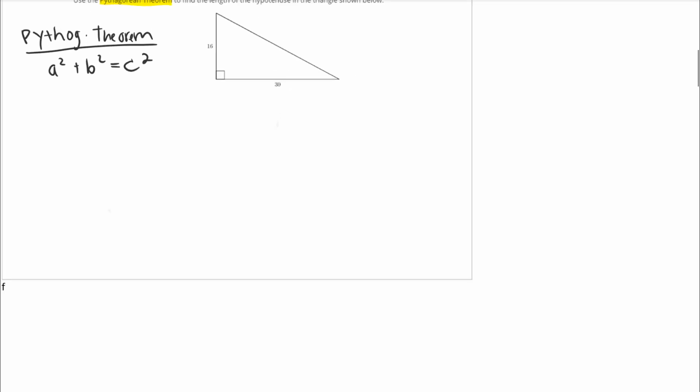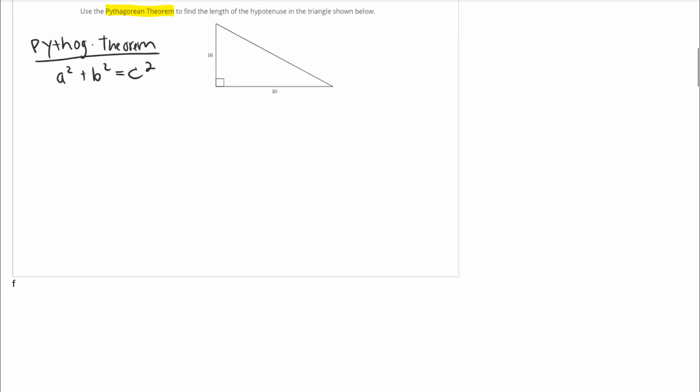So if I have the Pythagorean theorem, then I know that that tells me that I have a squared plus b squared is equal to my c squared. And you might be wondering, okay, well if I have this Pythagorean theorem, what does the a, the b, and the c stand for? Well, this would be one leg of this triangle squared plus the other leg of the triangle squared is equal to the hypotenuse squared.